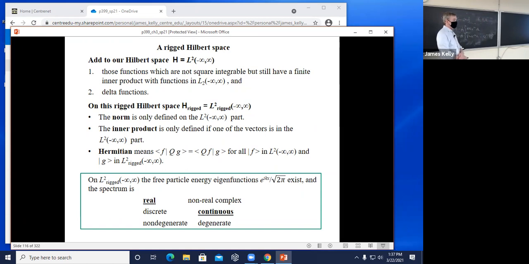It's degenerate, and that's because we have two linearly independent states, e to the ikx and e to the minus ikx. And both of those correspond to the energy eigenvalue, E equals h bar squared k squared over 2m. One energy eigenvalue and two linearly independent states. So it's degenerate.